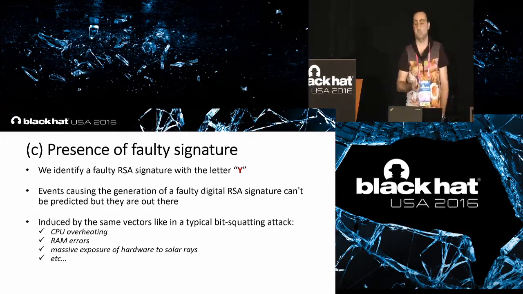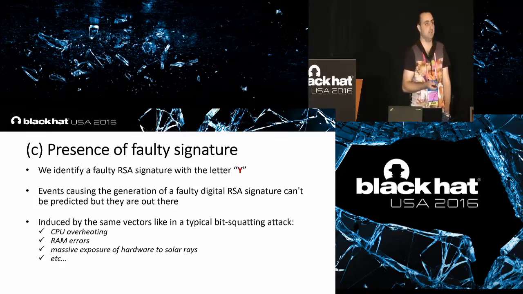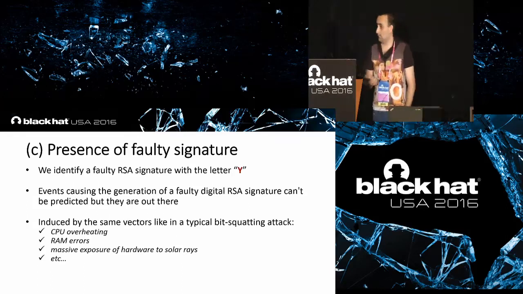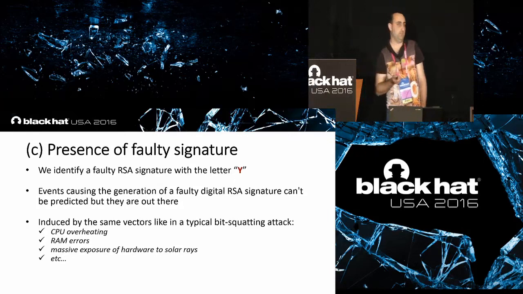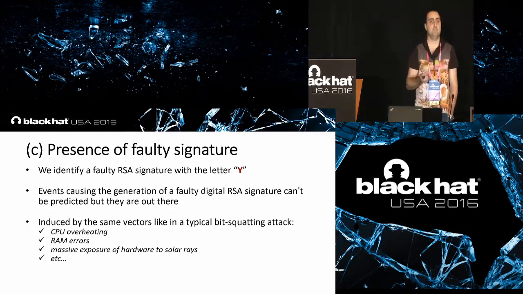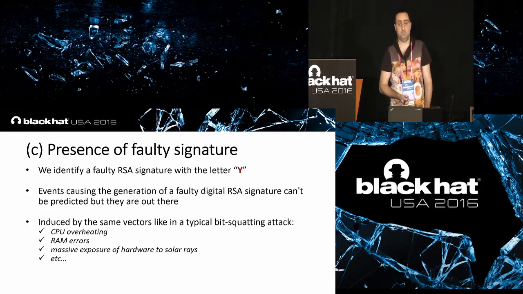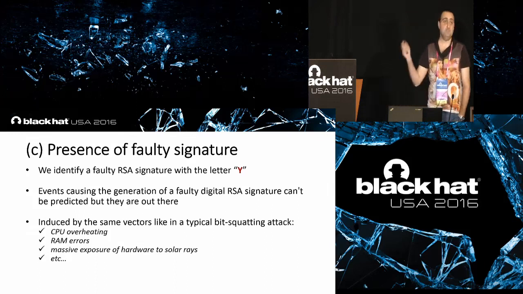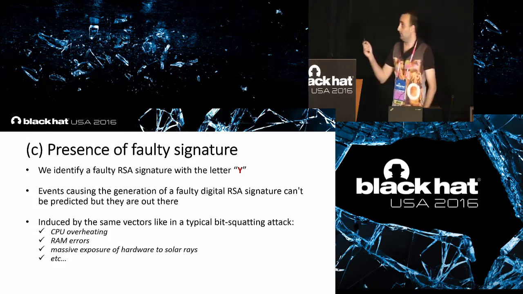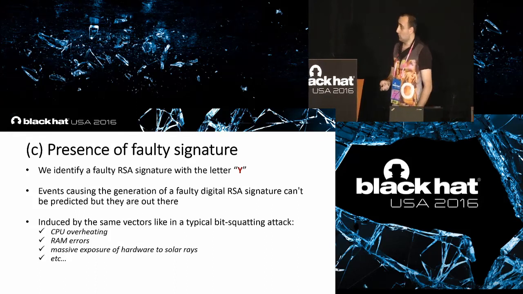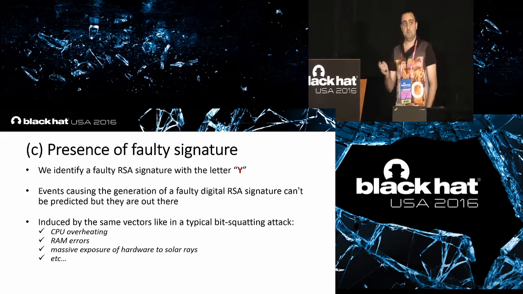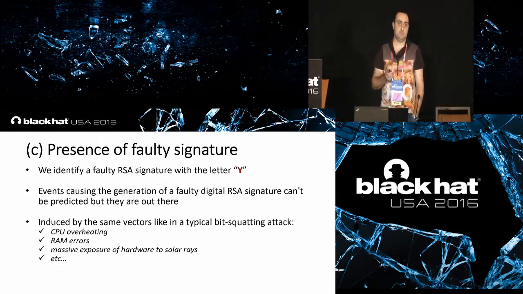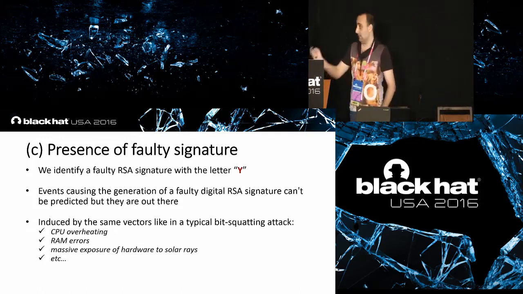If you think about Rowhammer-style bit flipping attacks, they use the same principle. Sometimes there are bit flips, due to CPU overheating, RAM errors, and stuff like that. When this happens, a faulty signature is generated. So even if this condition cannot be controlled by the attacker, sooner or later it will happen.